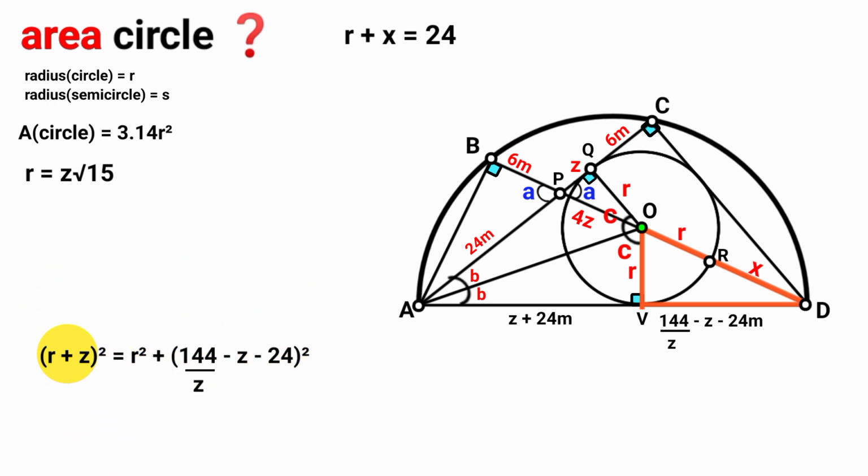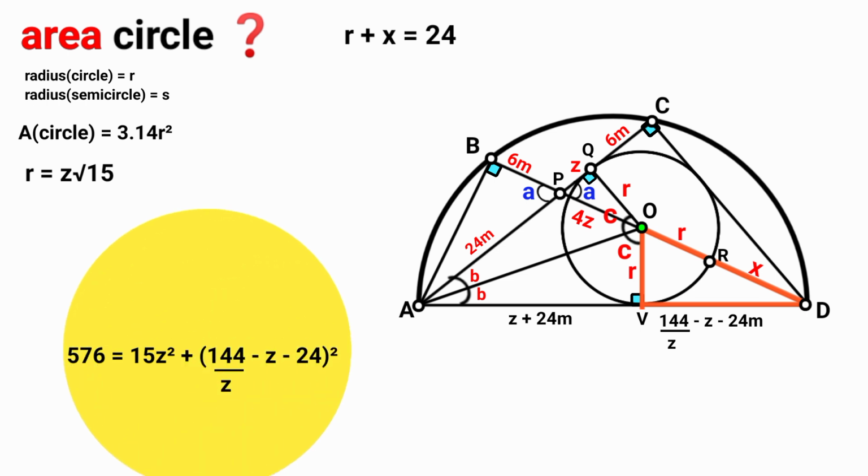This r plus x, we have its value here to be 24. Substitute it here. 24 squared is 576. This r, we have its value here to be z root 15. Substitute it here. z root 15 all squared is 15z squared. So 576 equal to 15z squared plus into bracket 144 over z minus 24 all squared.